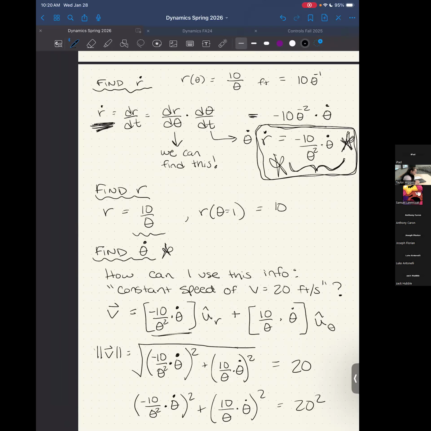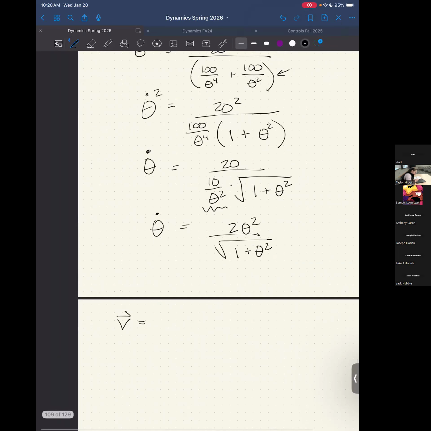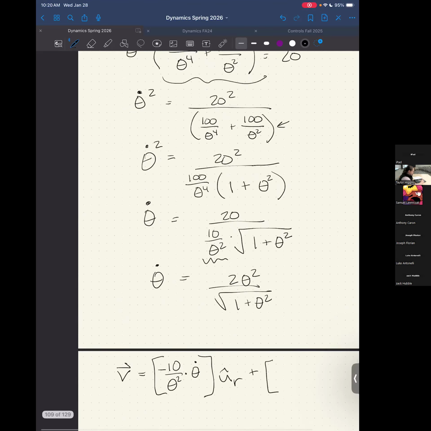this thing, minus 10 over theta squared times theta dot, u hat r plus r theta dot.